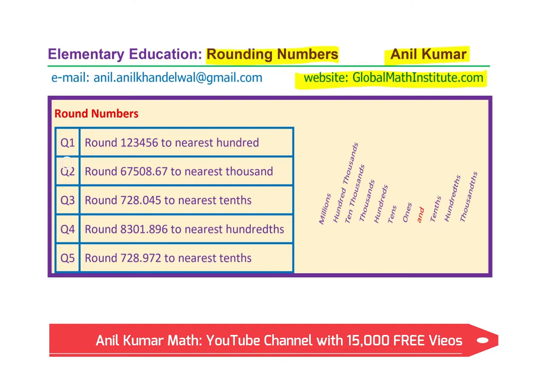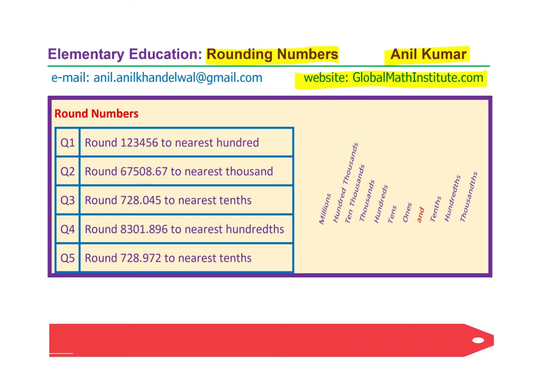Here are 5 questions for you to check. Round 123456 to the nearest 100. Round 67508.67 to the nearest 1000, and so on. You can pause the video, answer this question, and then look into my suggestions.